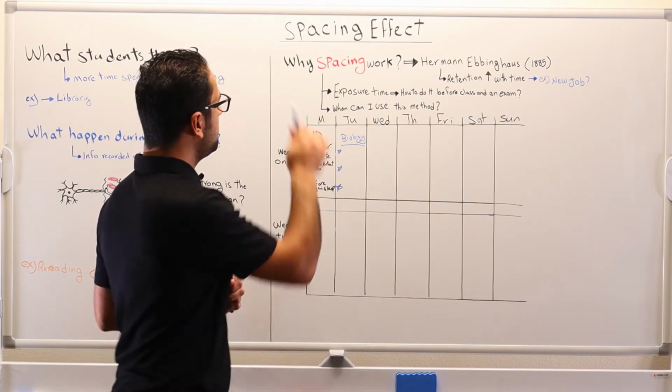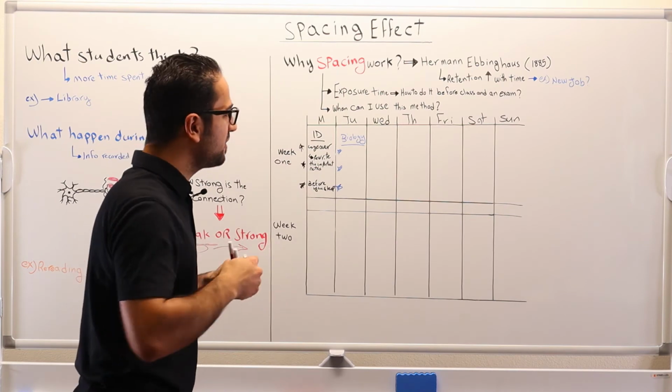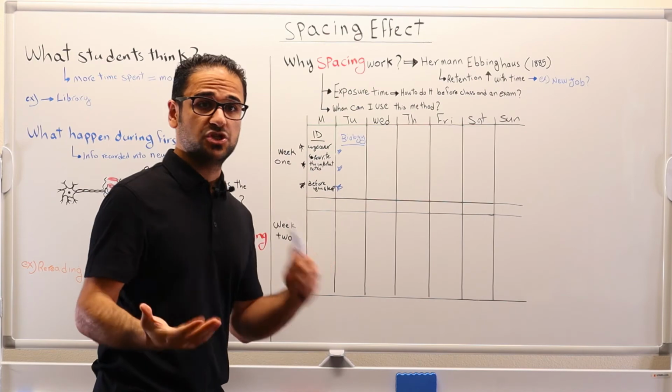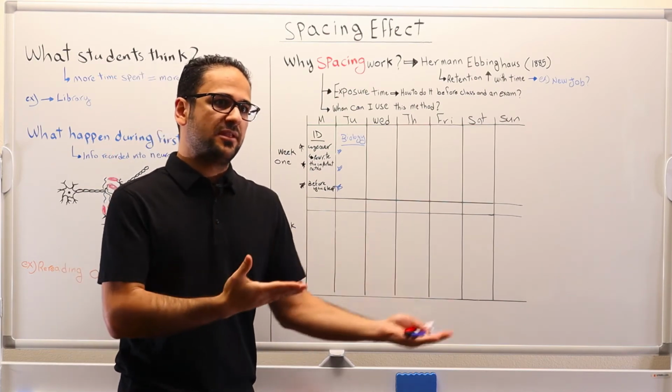Now, coming to the spacing effect, how does it work? Before you start the spacing effect, as you go through the lecture 3 times, you probably have a good knowledge. You probably understand the lecture right now.